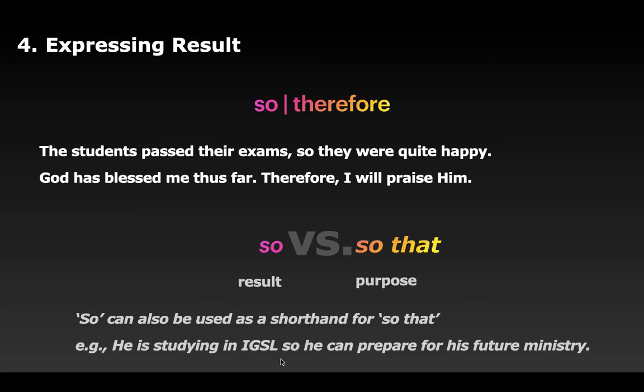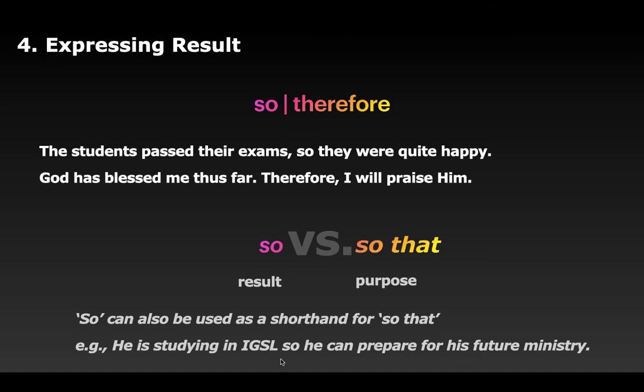Now, as an English student at this point, I want you to avoid doing that. Okay? Trust me. Avoid doing that for now because I don't want you to be confused. I want you to be able to make that distinction between result and purpose. And why am I saying that? In my experience of teaching English, this has been very confusing.